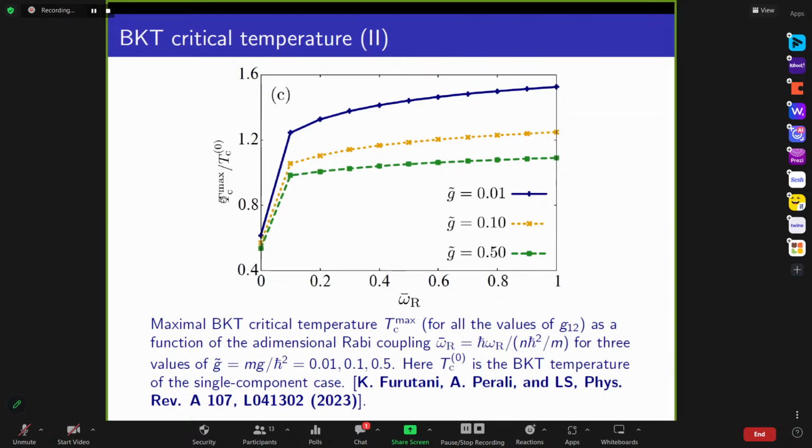And here I wrote maximal critical temperature because it's the maximum value taking into account all the possible values of G12, that is instead the inter-particle interaction strength. And you see that in general, the critical temperature increases by increasing the Rabi frequency. Also, then actually it reaches a sort of a plateau.